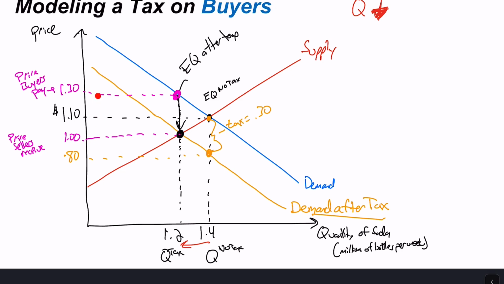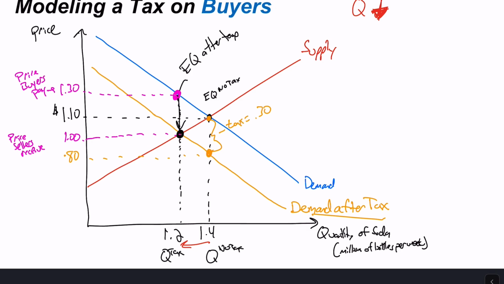The law says they pay, and so the buyer would pay 30 cents to the government. So the total cost to the buyer would be that $1 that Kroger gets plus that 30 cents that the government gets. And that's why we have that disconnect between these two prices: that vertical distance of the tax that's now imposed for that 30 cents.